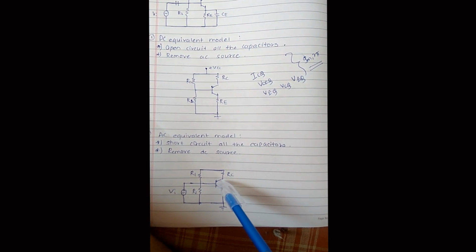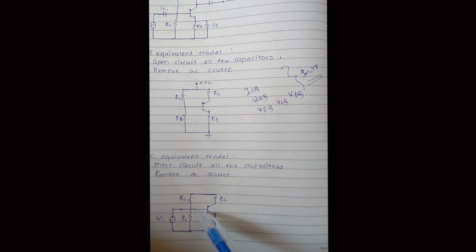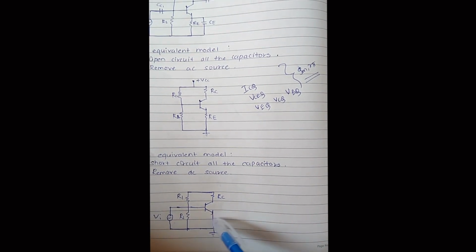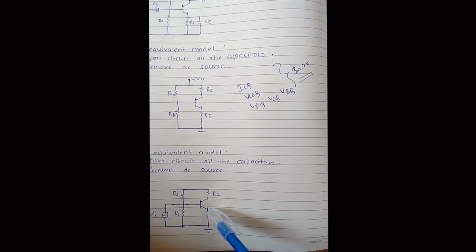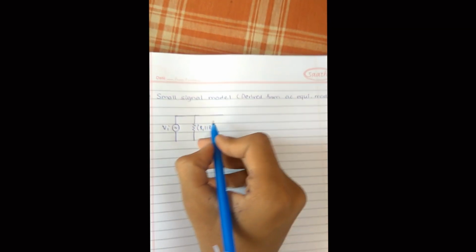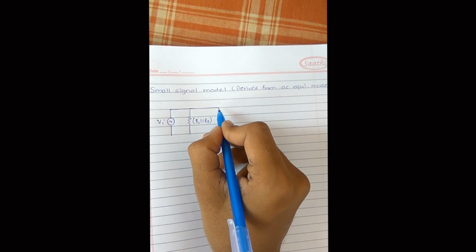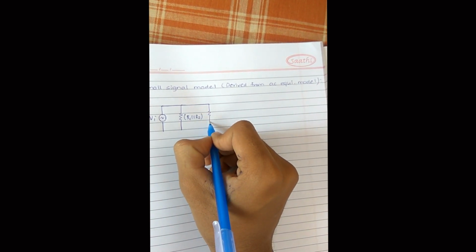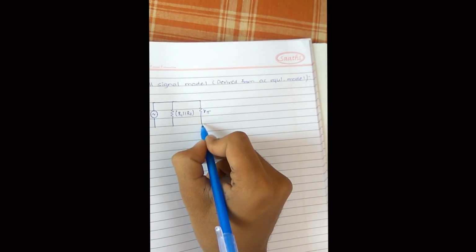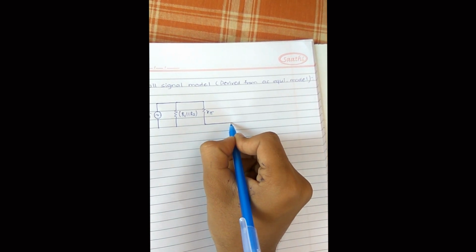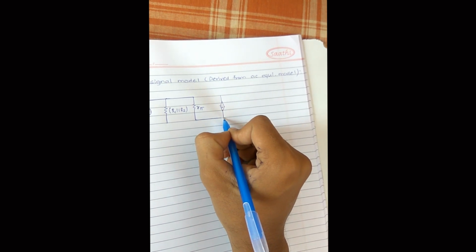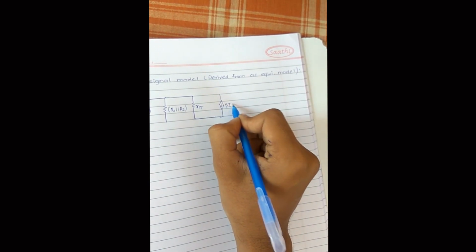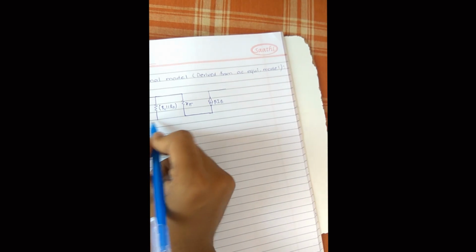Now after R1 parallel R2, we have the base connection, that is, we have the transistor. In the small signal model we have to draw the hybrid pi model of this transistor. This is r_pi, and then here we have beta times IB.